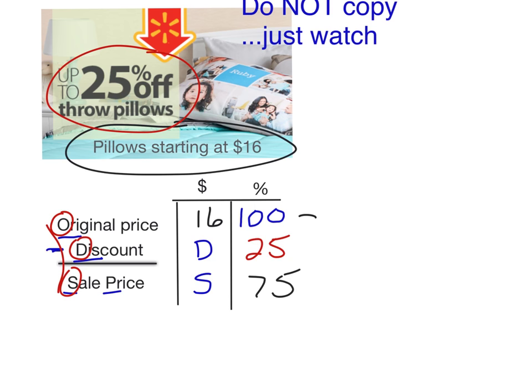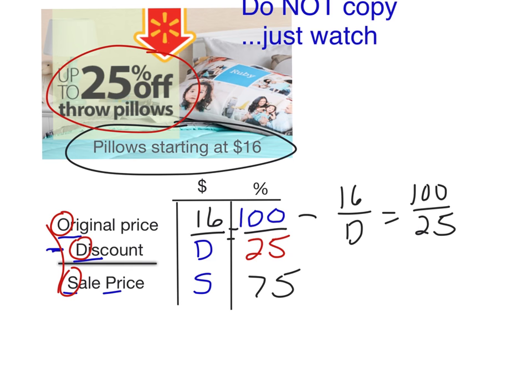Now this is why I love this table, is because when you're doing this, you have the proportion in the table. You could put an equal sign between there, and there's your proportion. So 16 over D equals 100 over 25. I want to go ahead and simplify that because, well, I know that 25 goes into 100 one time because 4 quarters make $1.